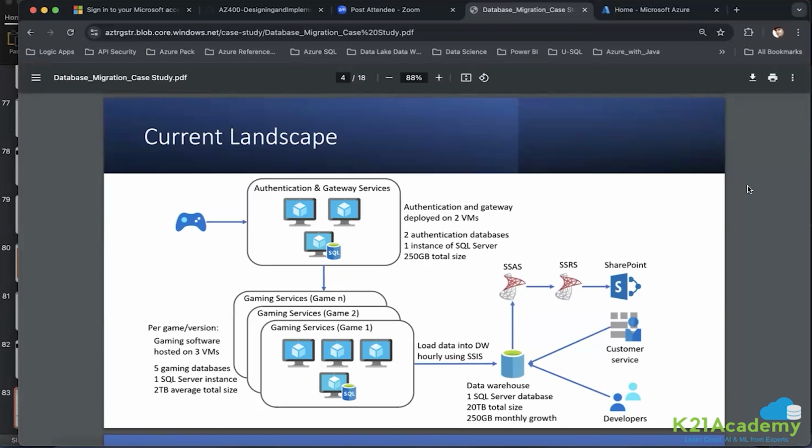Then that data will be served to the customers, users or developers, whomsoever wanted that information. So this is about having your data and having the applications and the gaming platform up and running.